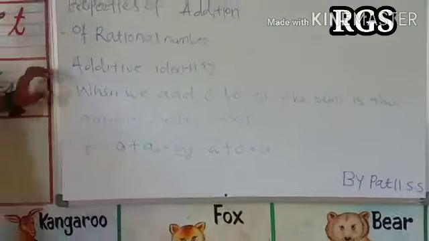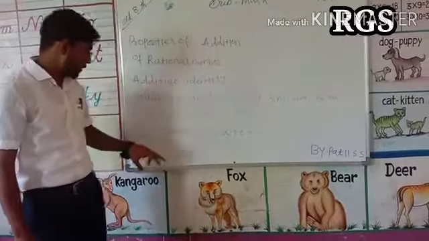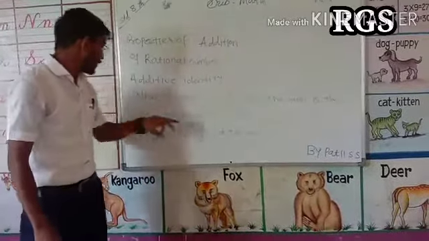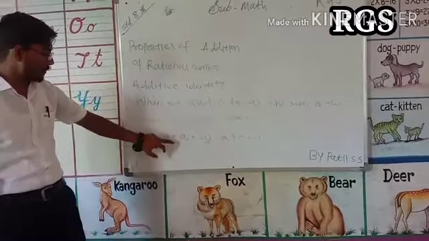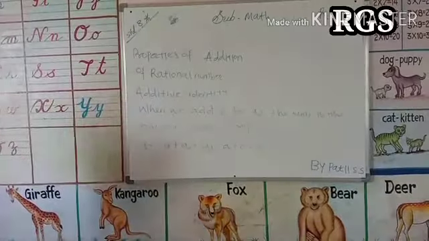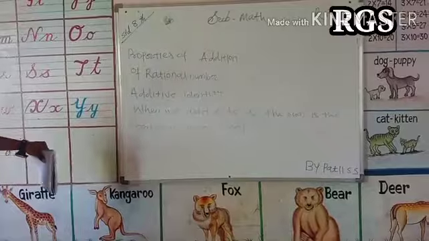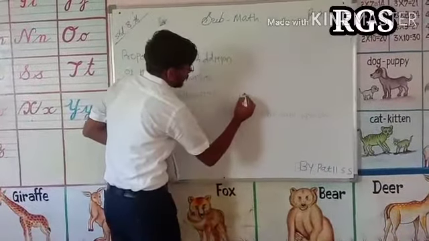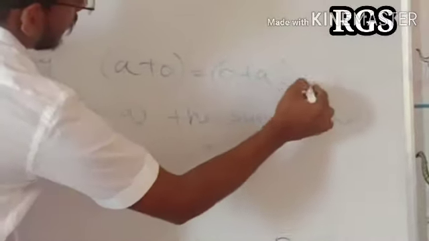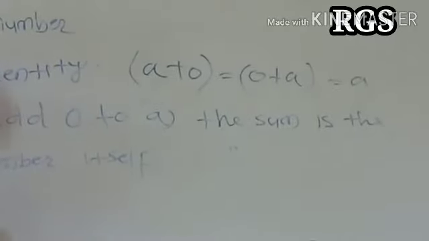So this additive identity says that when we add 0 to a, that is 0 plus a, the sum is the rational number itself, equal to a. We'll solve one example. What this property says, a plus 0 is equal to 0 plus a is equal to a.